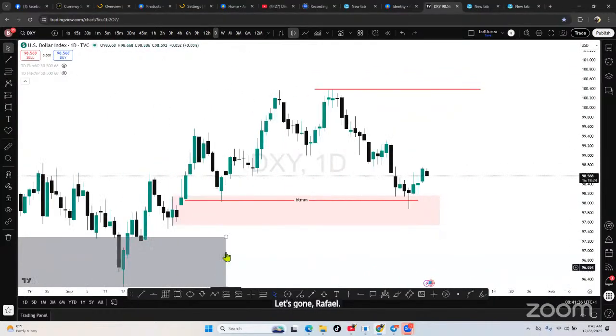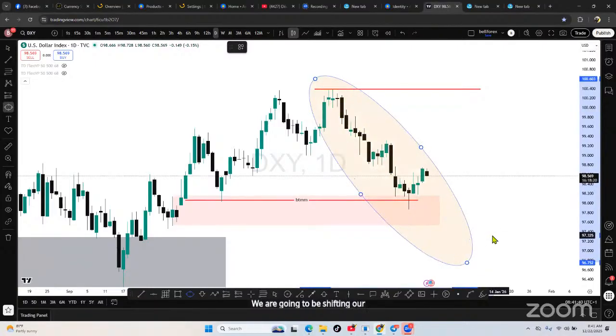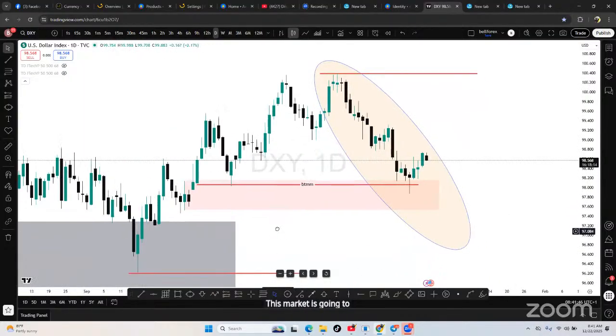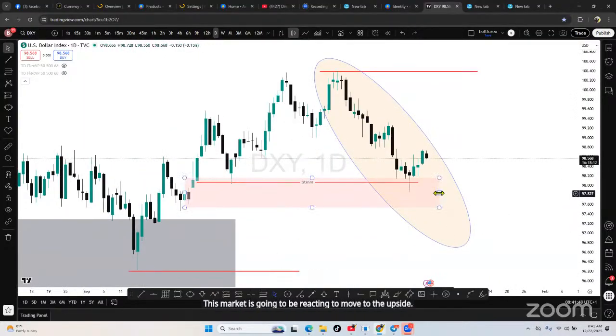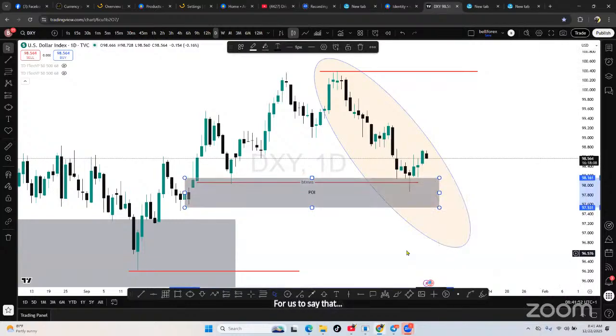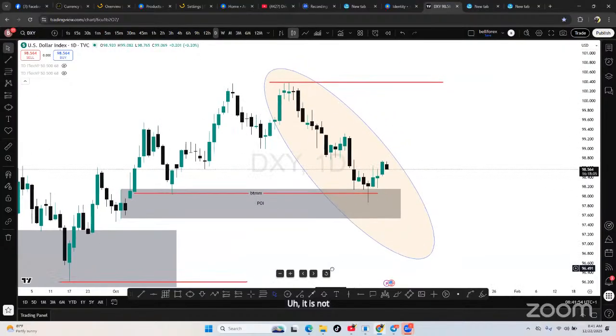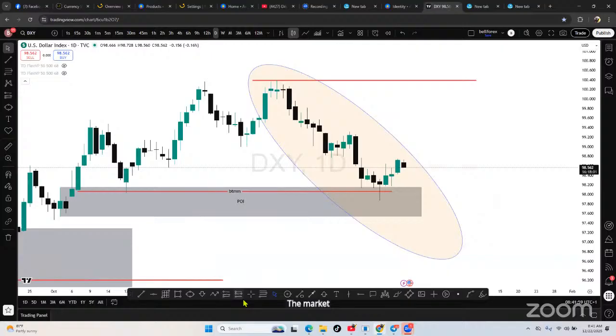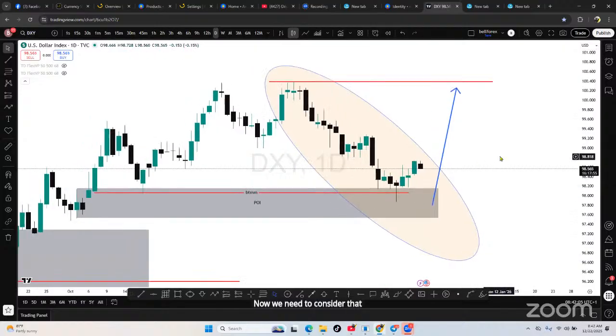Parce que cette vague baissière, we are going to be shifting our analysis to this wave. Because even though we conclude that this market is going to be reacting to move to the upside, it is not yet enough for us to go further and conclude that the market is just going to go up. Before there was a down wave, that we need to consider that the down wave is completely over.